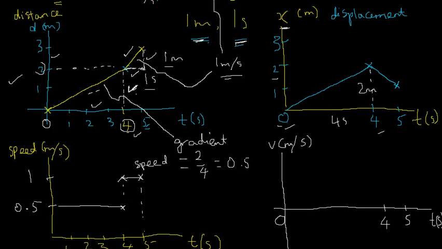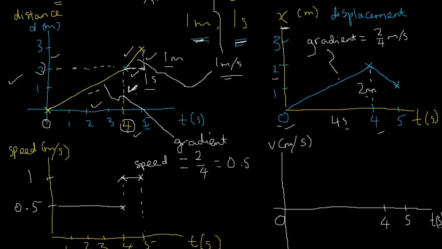So this tells us that the velocity is 2 meters divided by 4. Once again, we have vertical divided by horizontal. So this gradient tells us the velocity. It's 2 over 4 meters per second, which is 0.5.